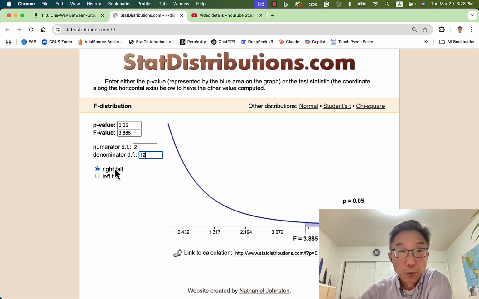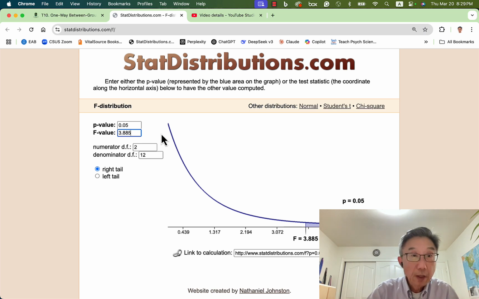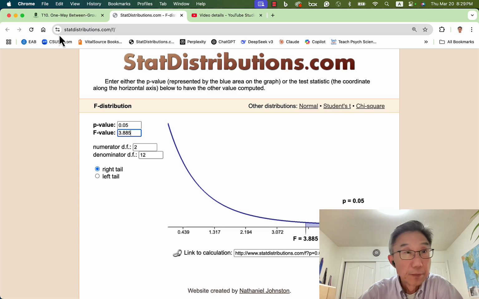It's always the right tail. And so P equals 0.05, meaning at alpha equals 0.05, the F value equals 3.885 or 3.89. Either way is fine. So that is the critical value of the F statistic.